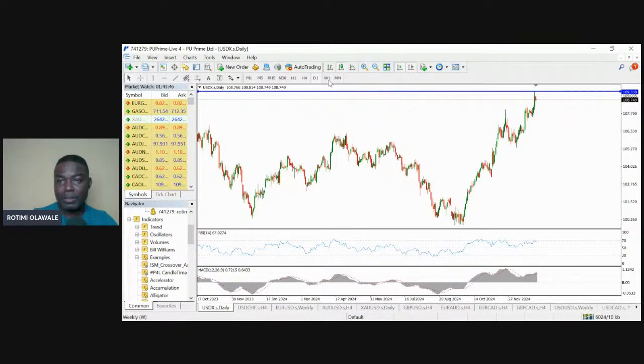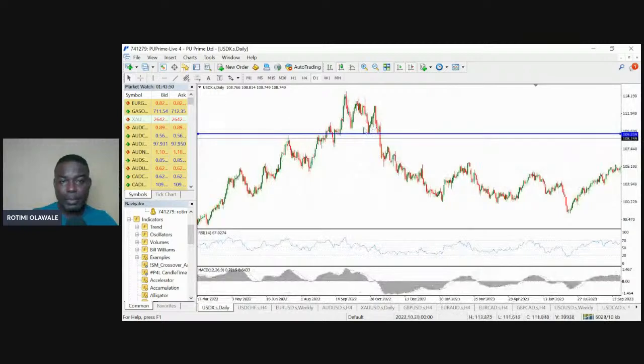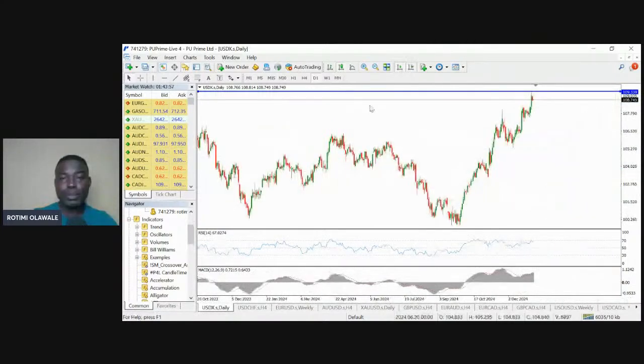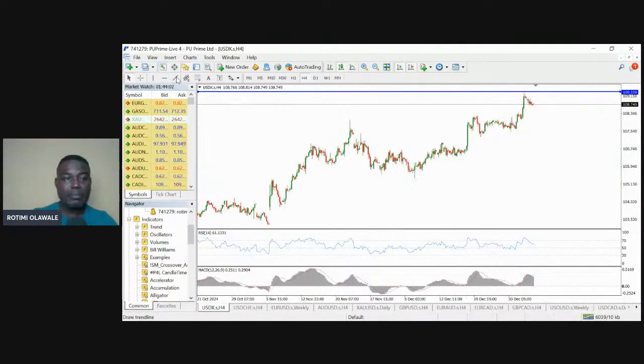We can see there is a previous support level here that price touched. So we have a support turned resistance. Technically, this is going to give us a bearish movement for the dollar in the course of this week. So we're going to be looking at an opportunity to sell the dollar. That's what that information is giving us.